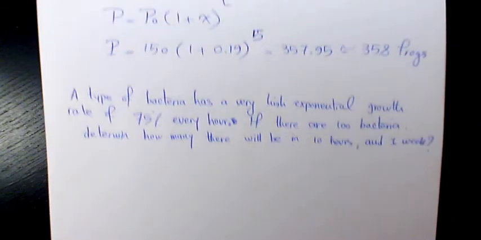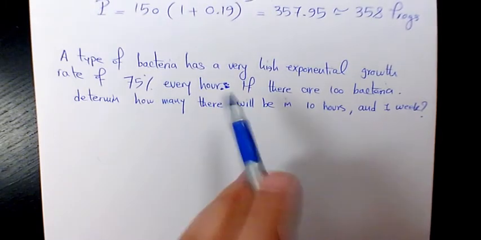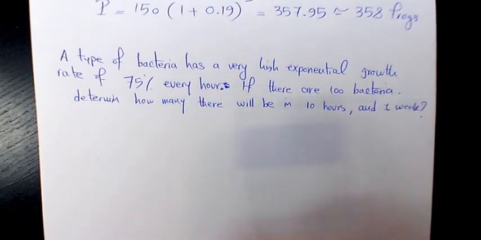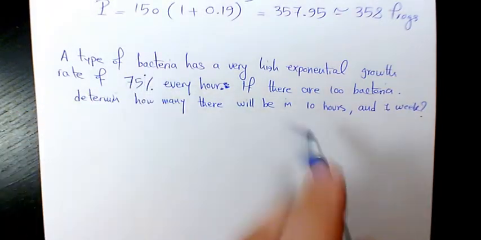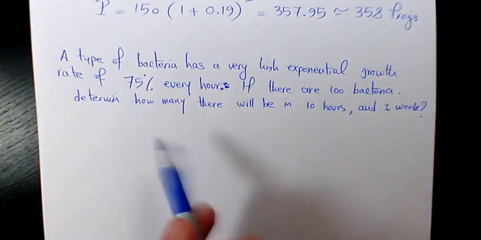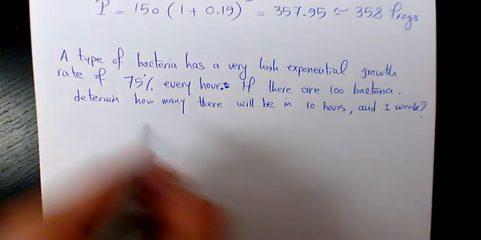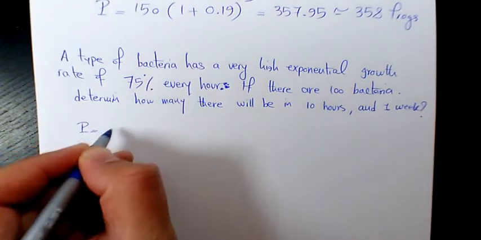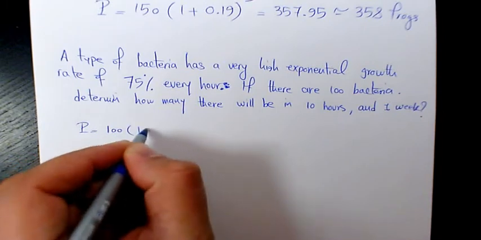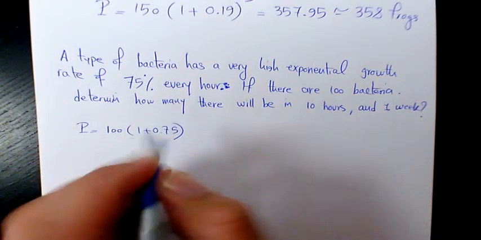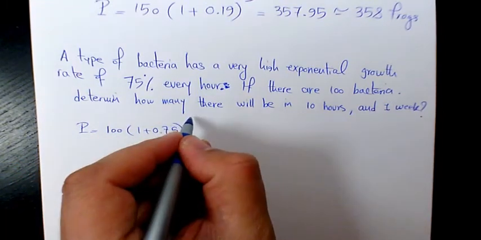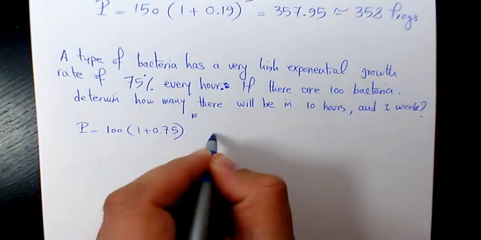Then next example, it says a type of bacteria has a very high exponential growth rate of 75% every hour. If there are 100 bacteria, determine how many there will be in 10 hours and how many after 1 week. So it's going to be P equals 100 times 1 plus 0.75 to the power of 10 divided by 1, which is going to be 10.